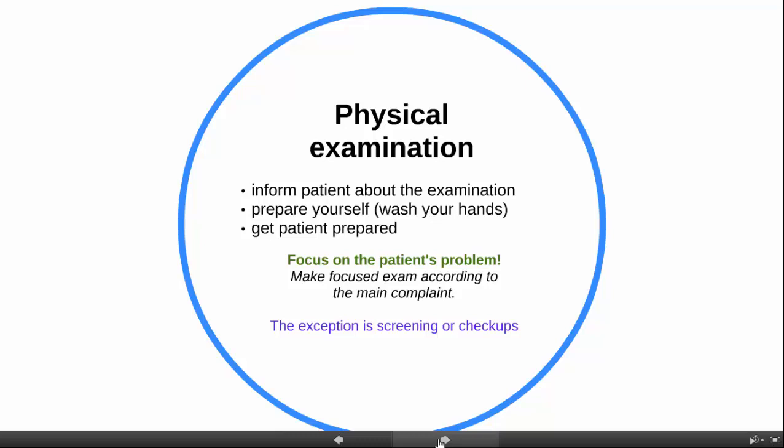Let the patient take off their shirt or t-shirt or whatever before you start examining them. Prepare curtains to make some privacy for the patient. Then inform the patient about the examination.